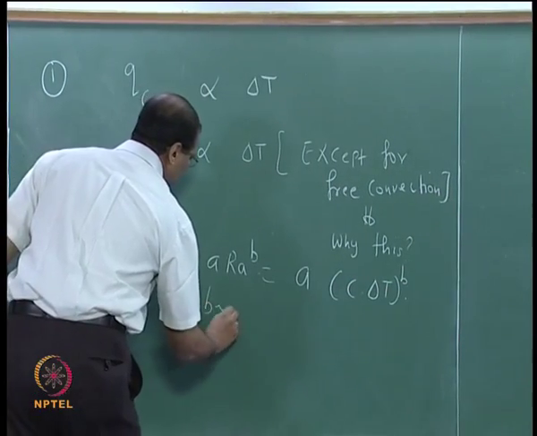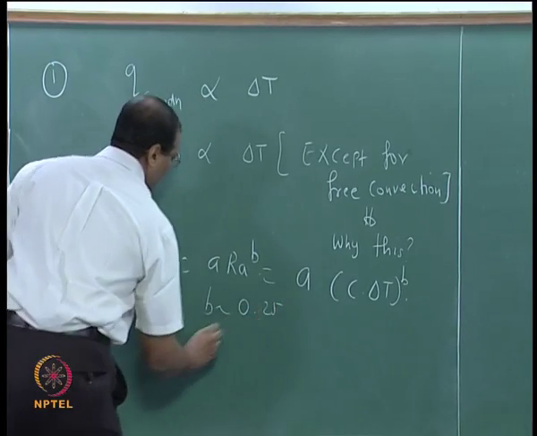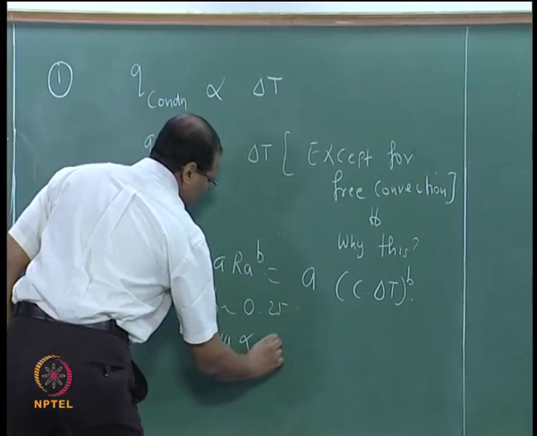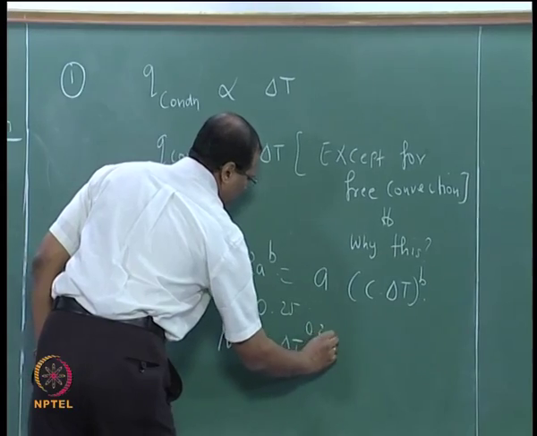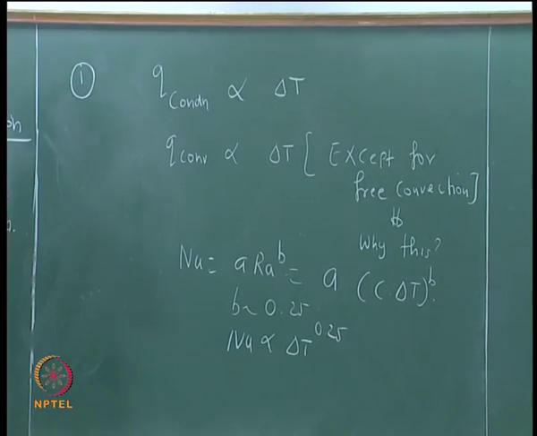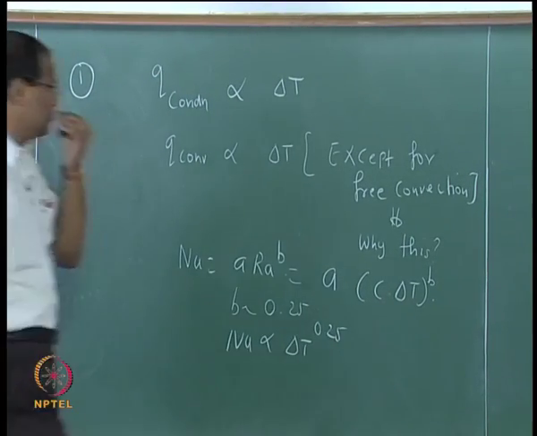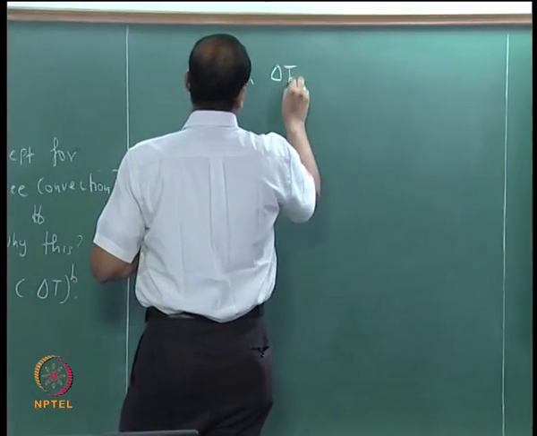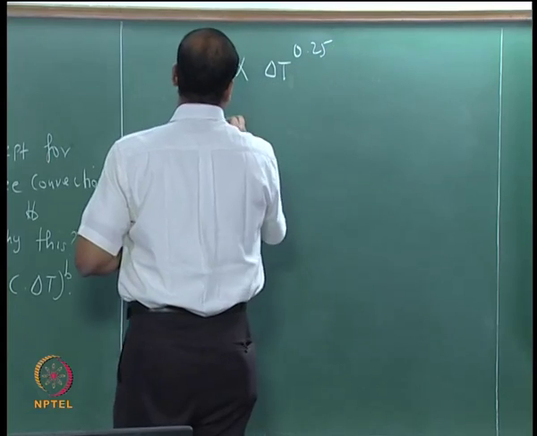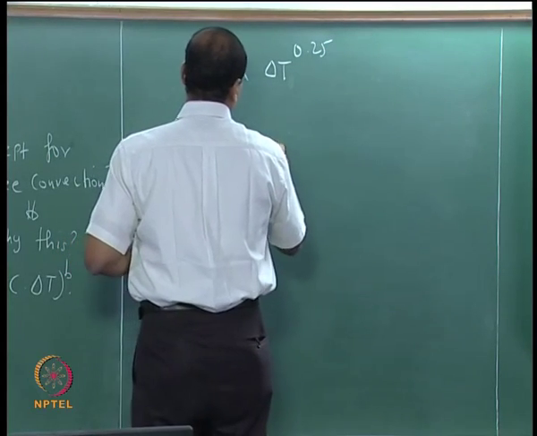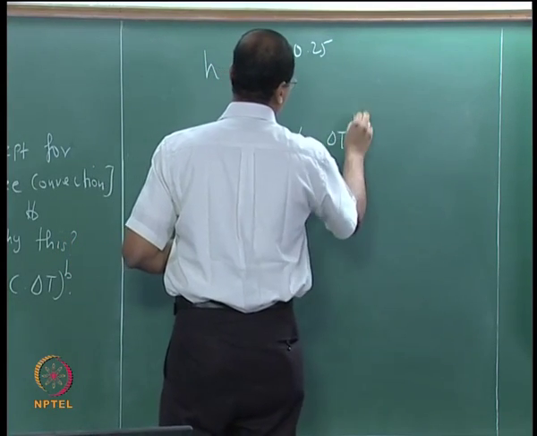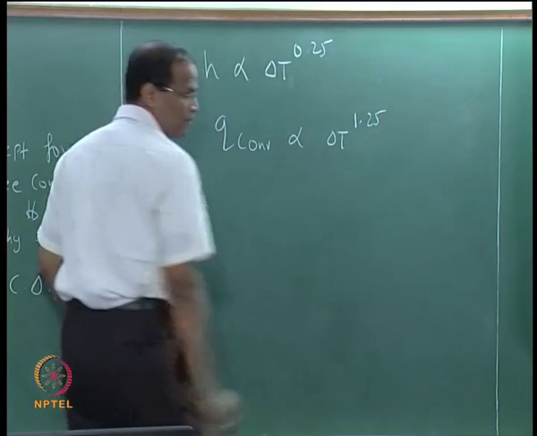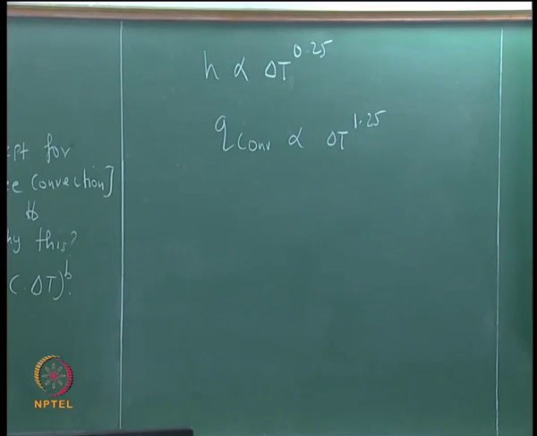B is usually about 0.25, so therefore the Nusselt number goes as Ra to the power of 0.25.